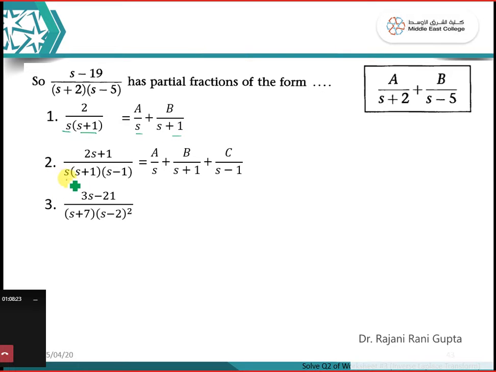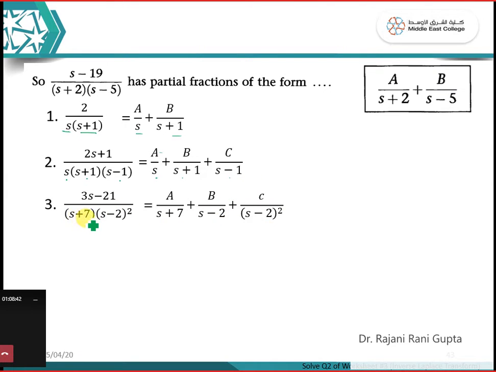Now we have three terms, S plus 1, S minus 1. We got three different terms with constants A, B and C. See, this is the first step. Now we still need to find the values of A and B. Okay, A, B, C, whatever terms are appearing, I will tell you how.